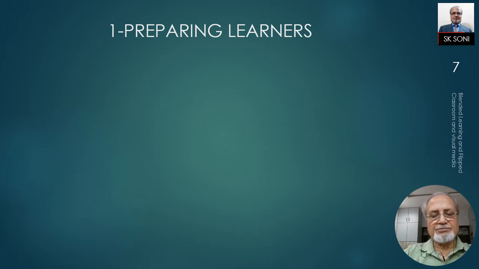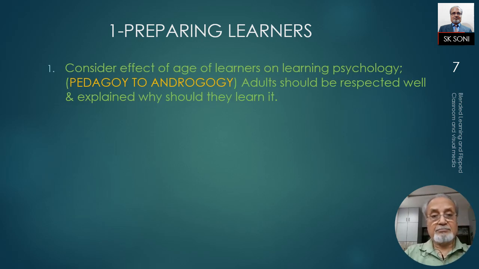Let us now consider the process of preparing learners for blended learning. Consider seriously the effect of age of learners on learning psychology, pedagogy, or andragogy. Adults should be respected well and explained why they should learn what the teacher wants them to learn.